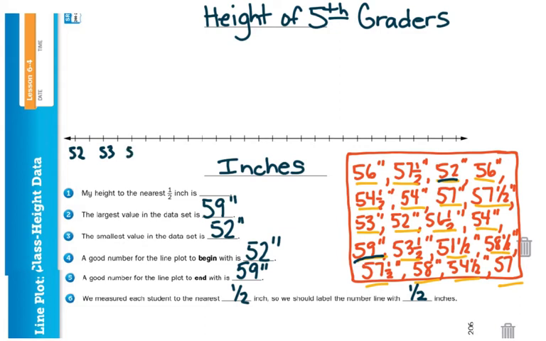Then it would be 54, 54 and a half, 55, 55 and a half, 56, 56 and a half, 57, 57 and a half, 58, 58 and a half, 59, 60, and you could keep going. We didn't have anyone who was that height in inches. But just know, in between, this would be 52 and a half.